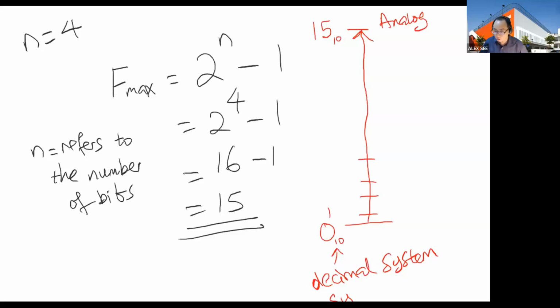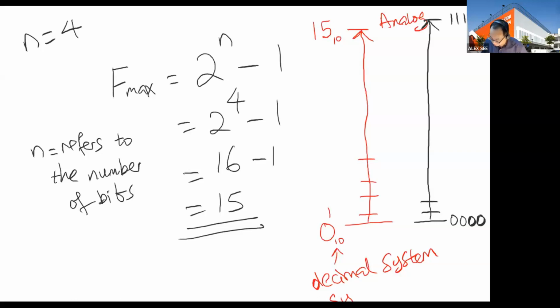But in your binary equivalent, your digital equivalent, you're going to write in this form: 0, 0, 0, 0 all the way until you see 1, 1, 1, 1. I hope you all understand this.